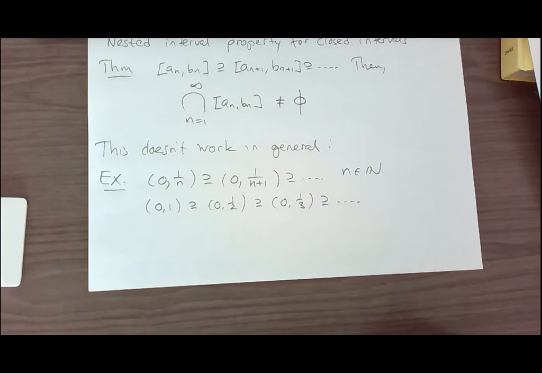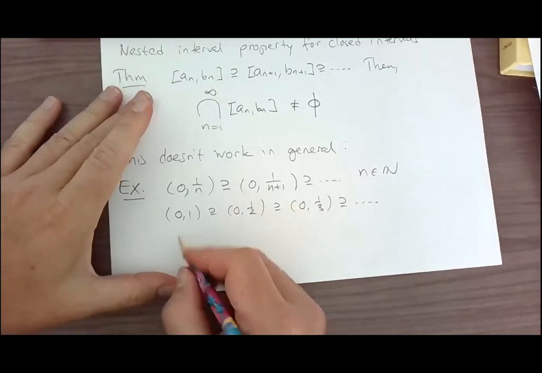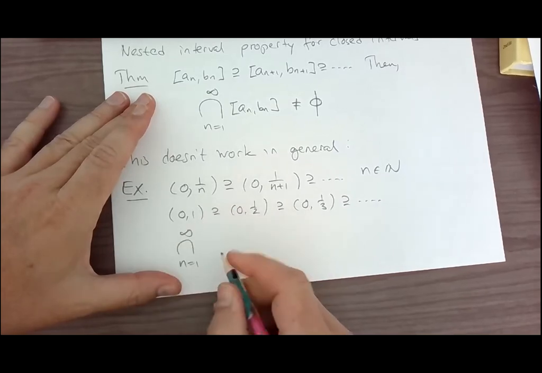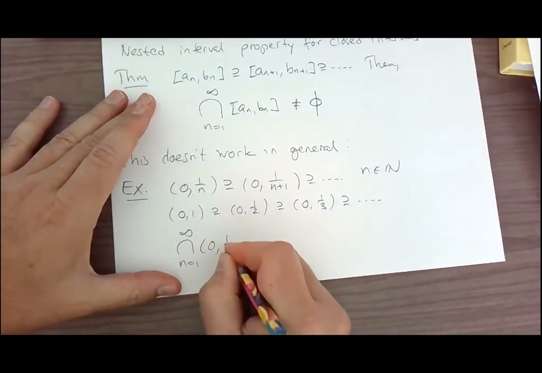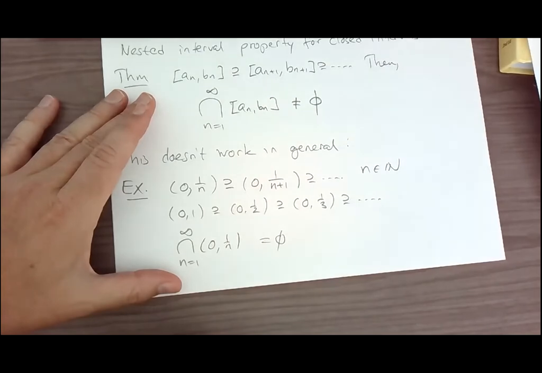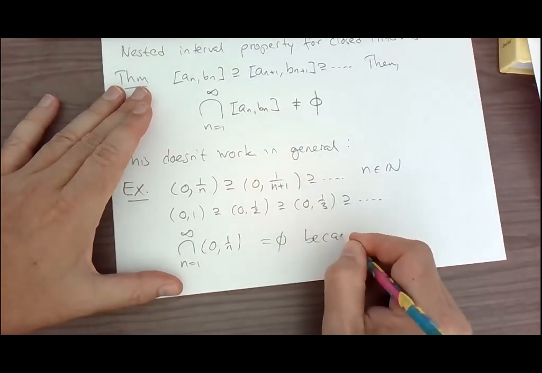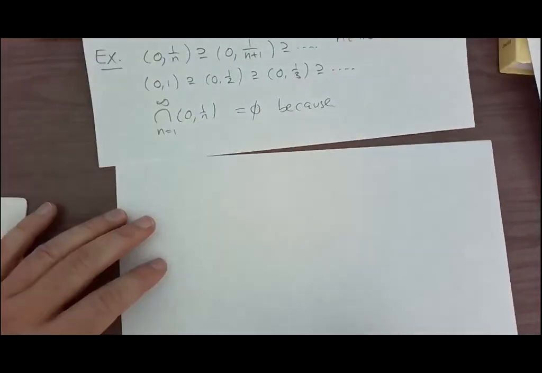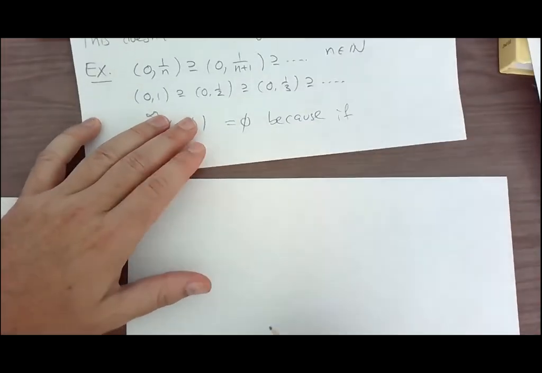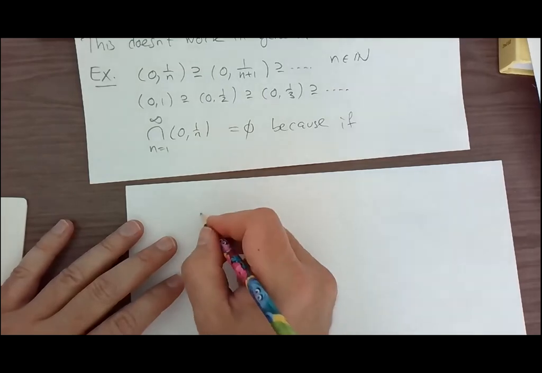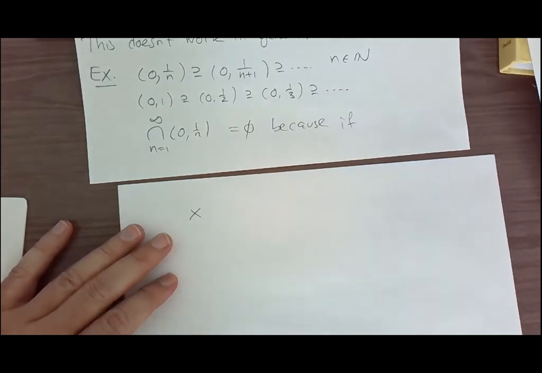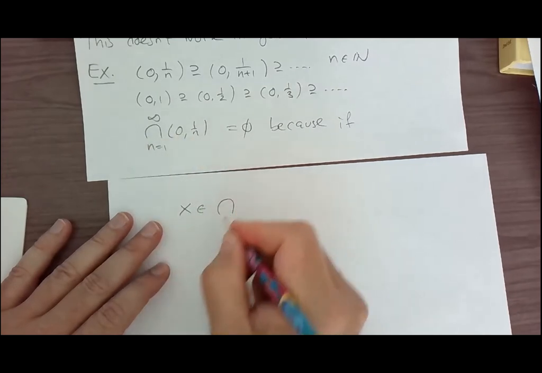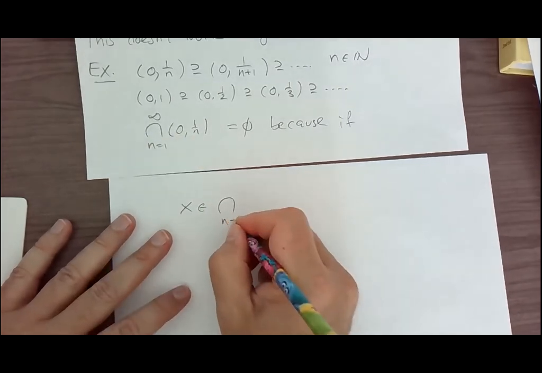It doesn't work in general because in this case, the intersection of these intervals is empty. Again, we are going to argue by contradiction.